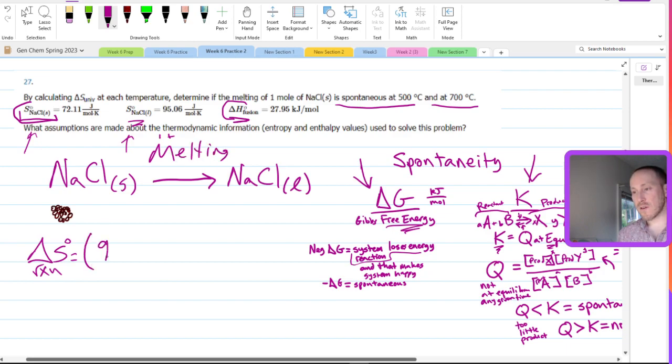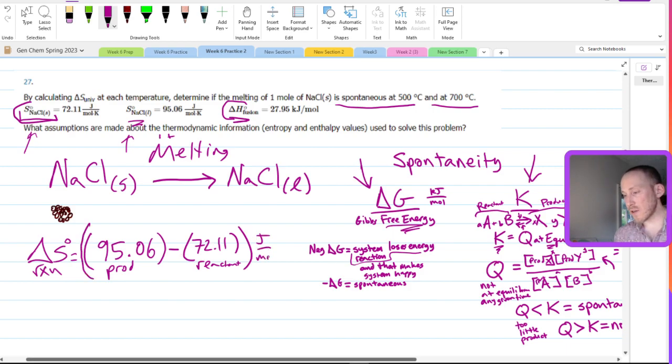And the S of the product is that many joules per mole Kelvin. We're going to subtract from the product the reactant, which is 72. And then, since those are the same units, I'm just putting the units on the outside.